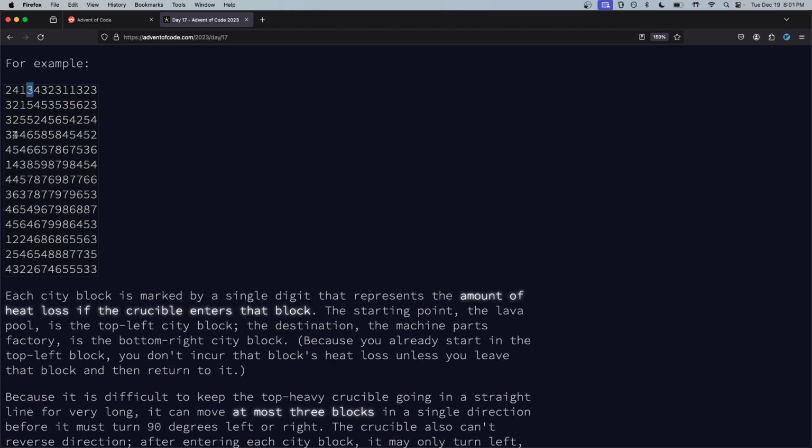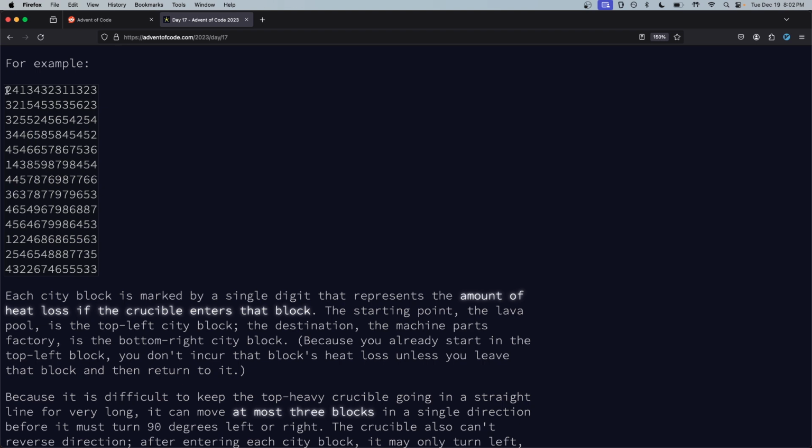Say we started at this 3 and went right, right, right, and ended up on this 6. Our next move must be either to the 5 above or the 6 below. And in this example, we can only move along the 4 cardinal directions, no diagonal moves.